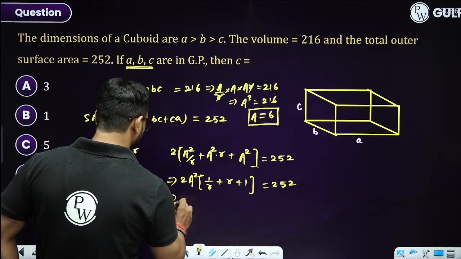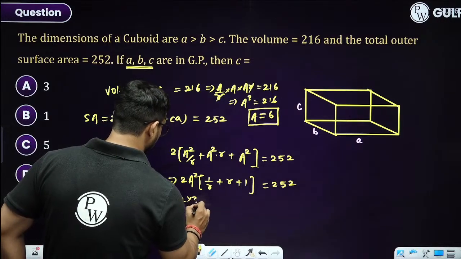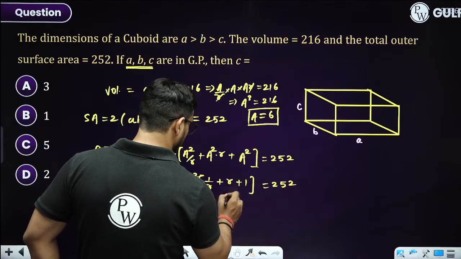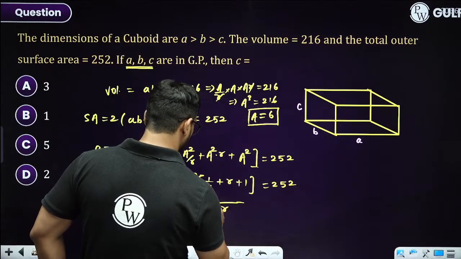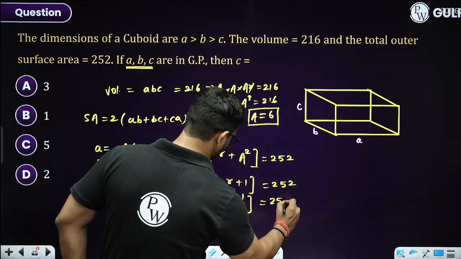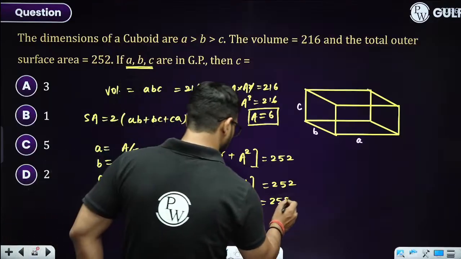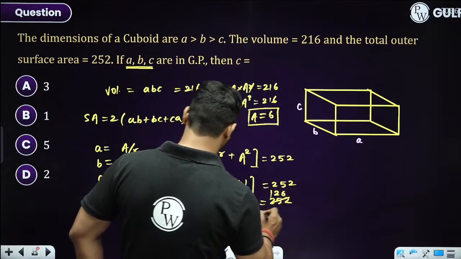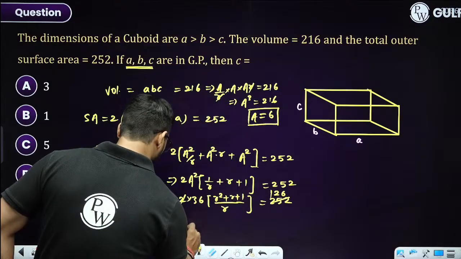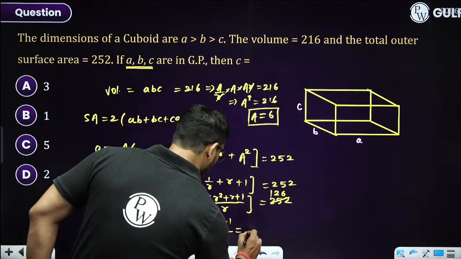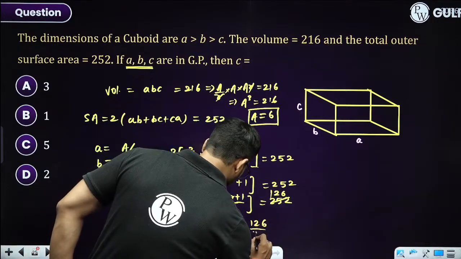So A square is 36. 2 into 36, and we can do one thing, take the LCM R. Then it should be R square plus R plus 1, and so R square plus R plus 1 divided by R equals 126 by 36.